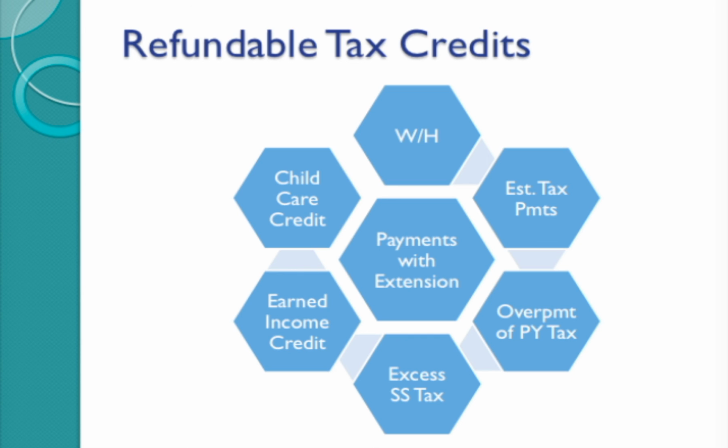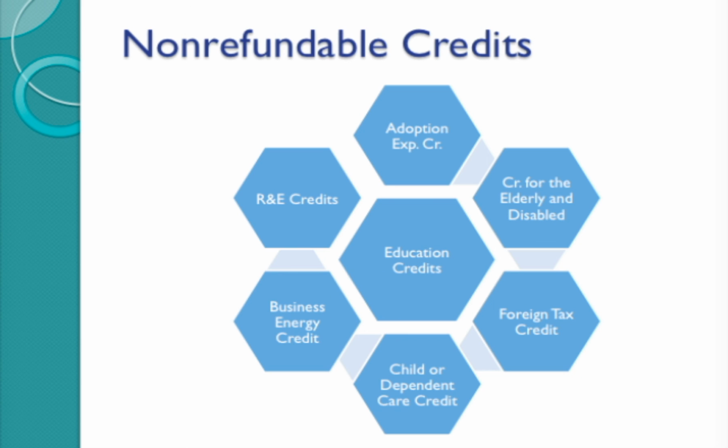So anything on this chart, if you have a low enough tax liability already, and one of these refundable tax credits applies and pushes you into the negative in tax liability, you will be able to qualify for a refund of that amount. And so obviously, pretty self-explanatory then what non-refundable credits are.